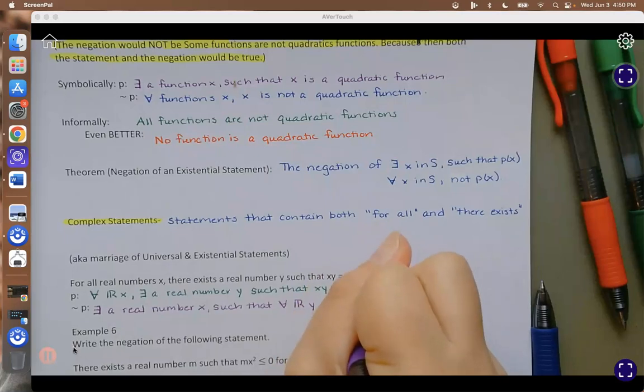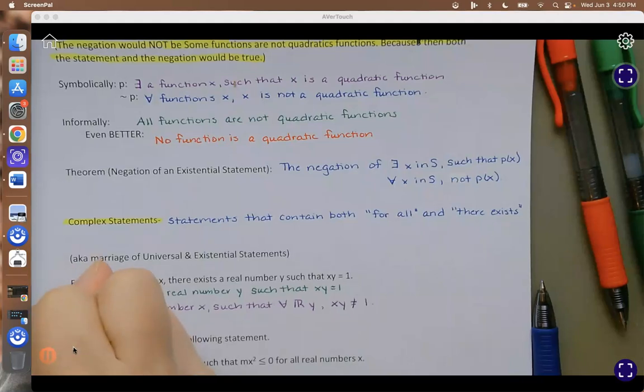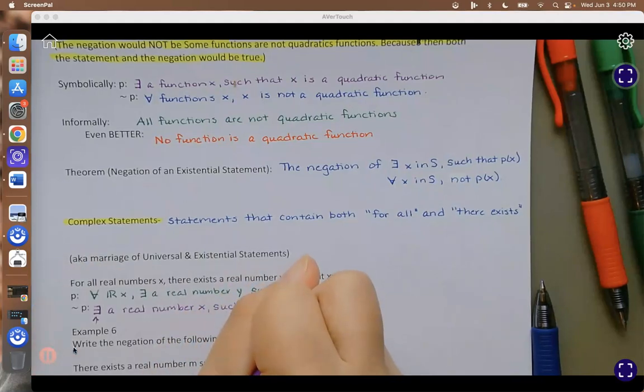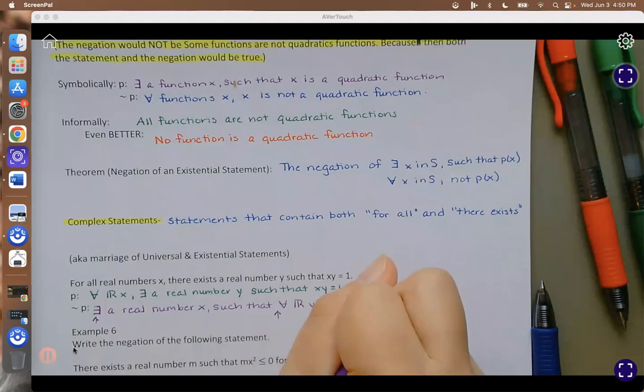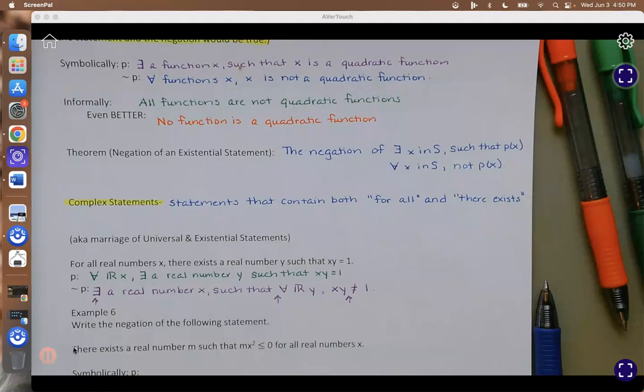So you would put not equal to 1. So notice we changed this, we changed this, and we changed this when you negate it. Okay?